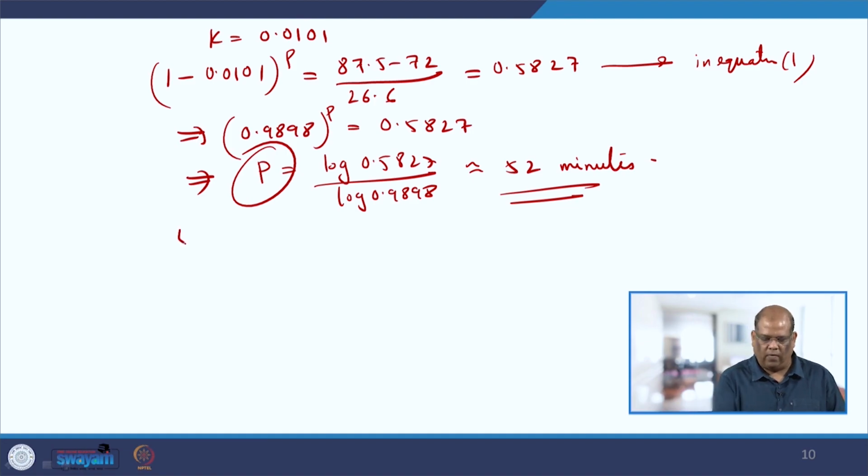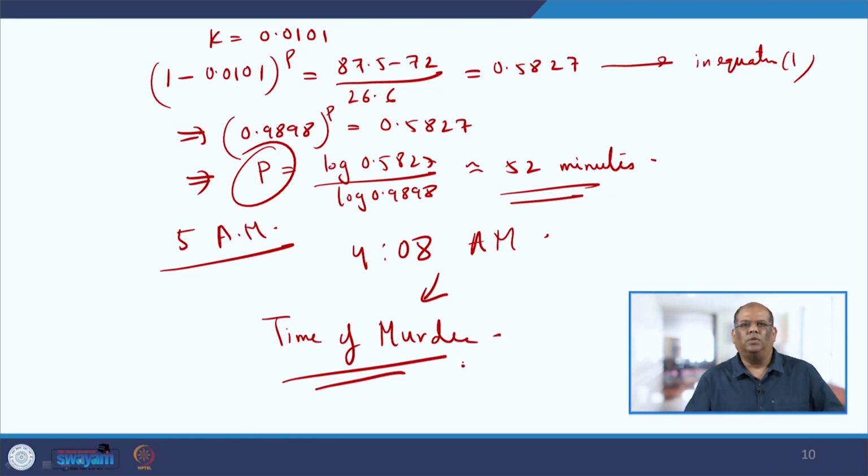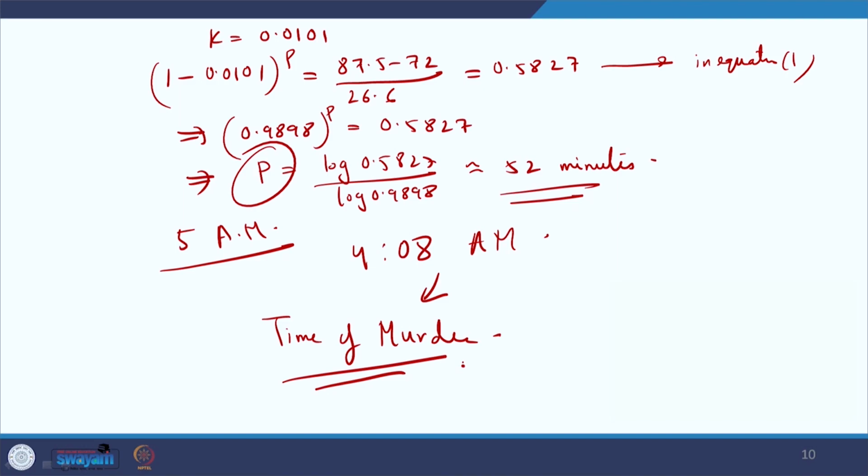So, they arrived at 5 a.m. You subtract 52 minutes from there and you get 4:08 a.m. So, this gives you the approximate time of murder. So, this is how you use Newton's law of cooling to find the approximate time of murder, in case the forensic team uses this particular law, which they do actually.